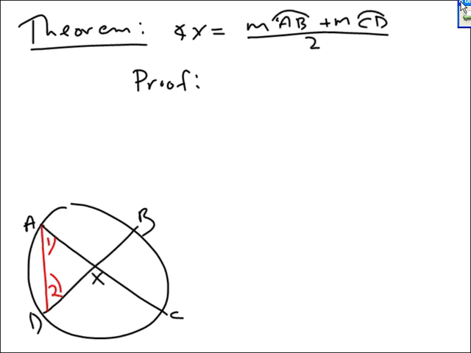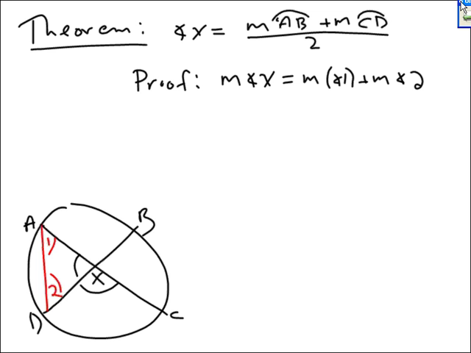The third angle being this angle, and that's the supplement. Okay, so we know that the measure of angle X is equal to the measure of angle 1, like I've been saying, plus the measure of angle 2.